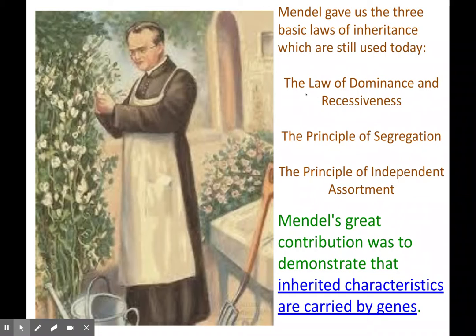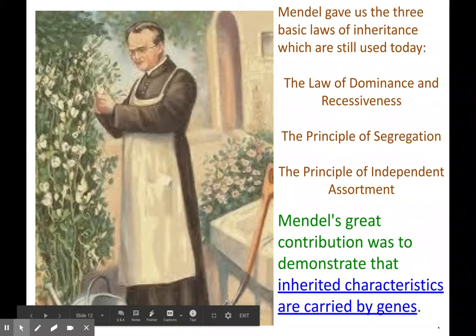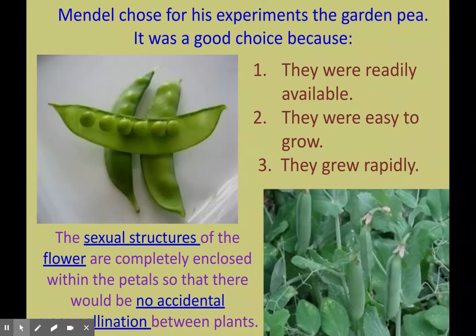And he came up with 3 different rules. So one is the law of dominance and recessiveness. One is the principle of segregation and the principle of independent assortment. And we're going to talk about those as we go. But basically, those are going to be the guiding rules of how genetics would be determined.